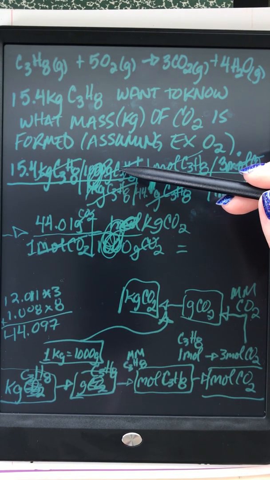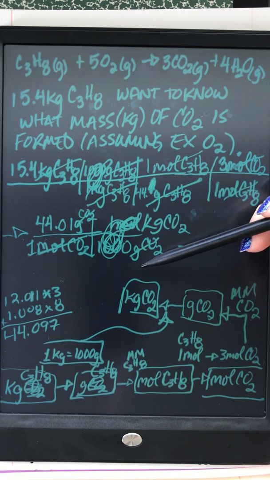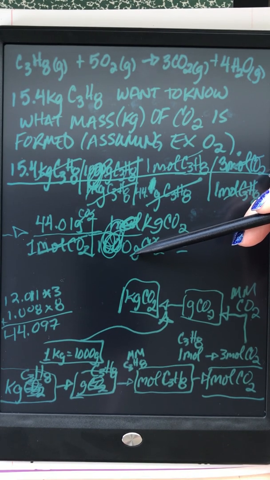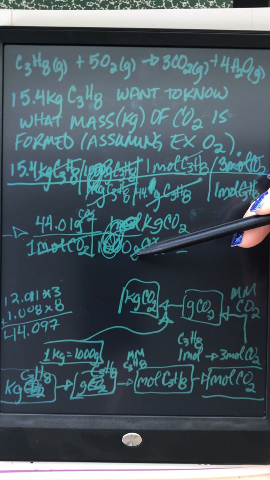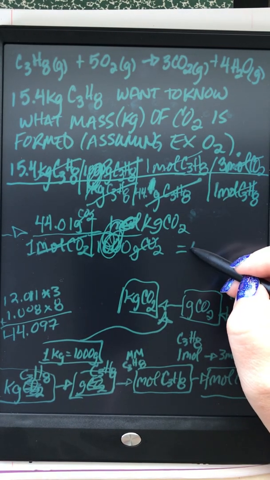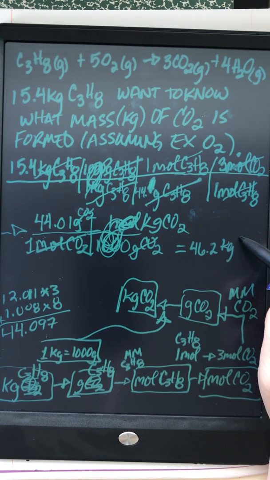Here we have 1,000 grams on the top, in the numerator, and 1,000 grams in the denominator, where I took out the 1,000, but then I left an additional 1,000 in the numerator. So really it'd be like 46. I got 46.1. Cool. 46.1, 46.2. We're all in the ballpark.